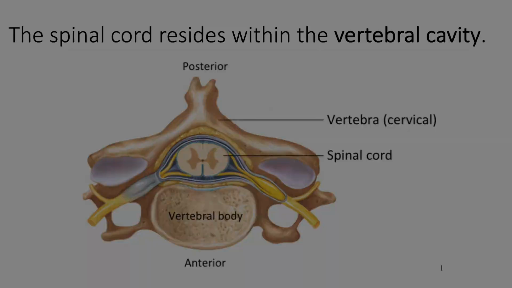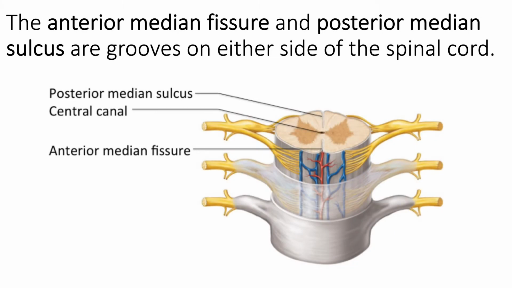Let's first talk about the grooves or indentations that lie on the anterior and posterior aspects of the spinal cord. On the anterior side, along the entire anterior aspect of the spinal cord, there's a groove called the anterior median fissure.